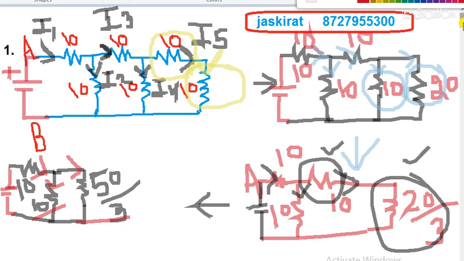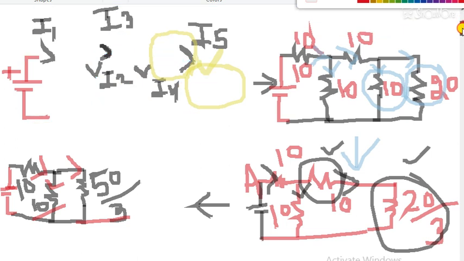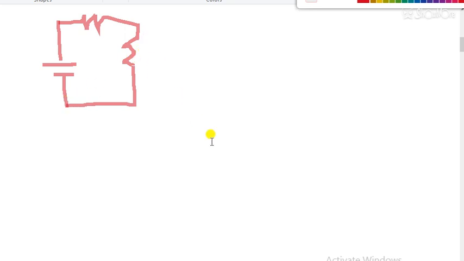I am going down so that I can get some space to solve this question. Okay, I am clearing it. So I have cleared the screen. I am left with one battery that I am assuming, one 10 ohm resistance, and the parallel combination of 10 ohm and 50 by 3.